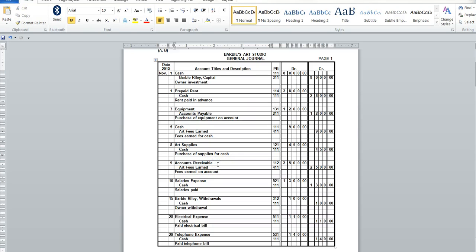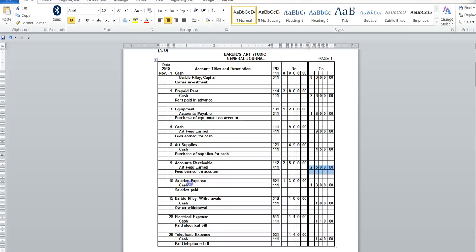And we're adding to the amount owed to us. It's an asset. How do you add to an asset? You enter a debit. How do you add to the art fees earned account? With a credit.